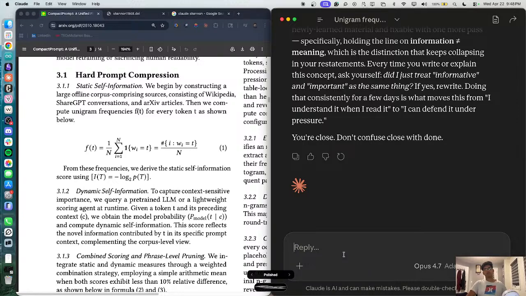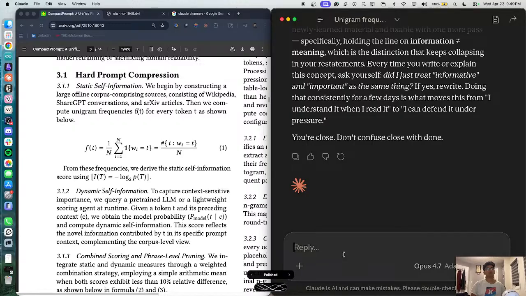Now, this can have good effects and bad effects. The good is the fact that many LMs, when you push this prompt into the LM, are able to reconstruct the low information tokens because they just see them so often, right? But when you have a low level information token, or a non-informative token, which in the context that it's a part of, which is the surrounding words, is really important, the static self information is not aware of that, right?